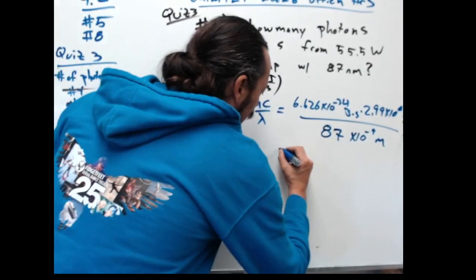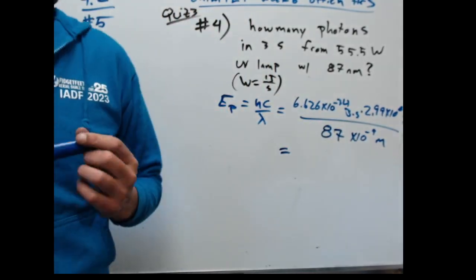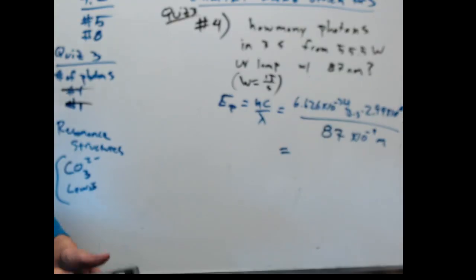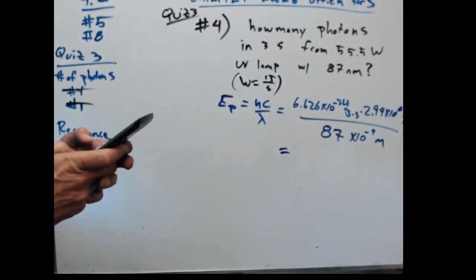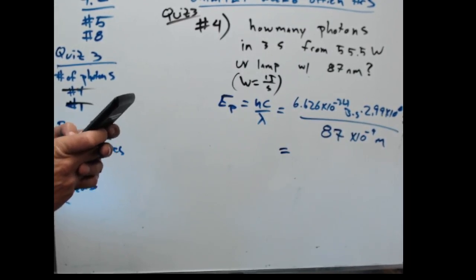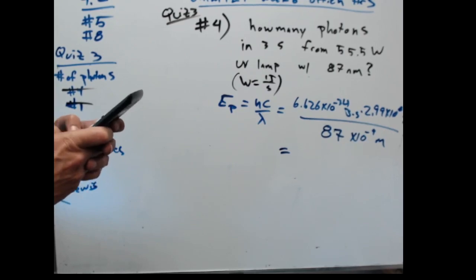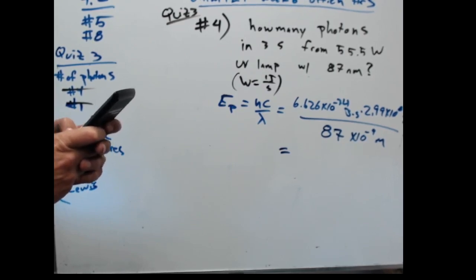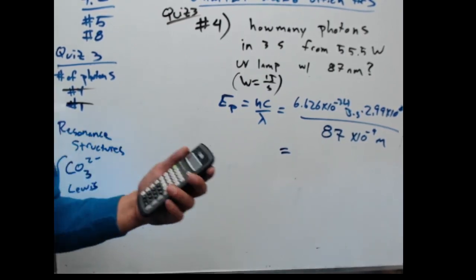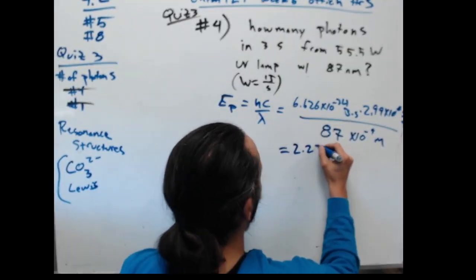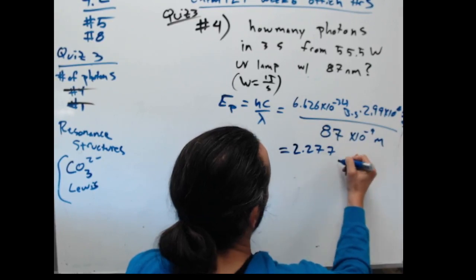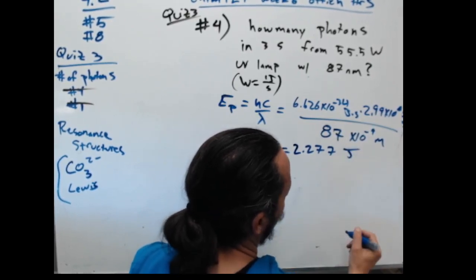So I can find this energy of a photon, and then we'll talk about the equation that I didn't give to all of you because I thought it was reasonable, but we'll talk about that in a minute. Times 2.99 times 10 to the 8th divided by 87 times 10 to the negative 9, and we get 2.277 joules.